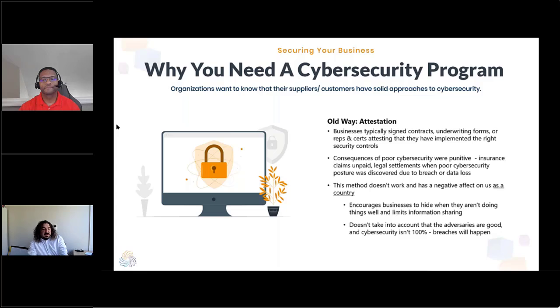And that cybersecurity program is designed to do a couple of different things, right? First, making sure as an organization you understand how you're handling sensitive information, how you're receiving it, how you're storing it, how you're processing it, and, if you do have to send it other places, how you transfer it out of the organization. Second, making sure that you have both technical and non-technical controls in place to ensure that you're doing the right things with that data.